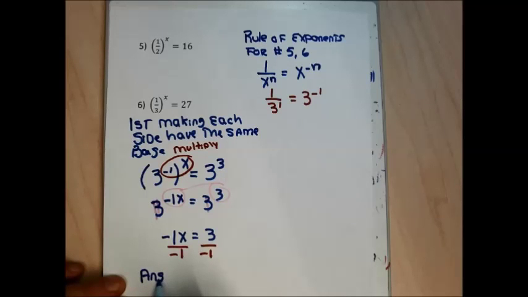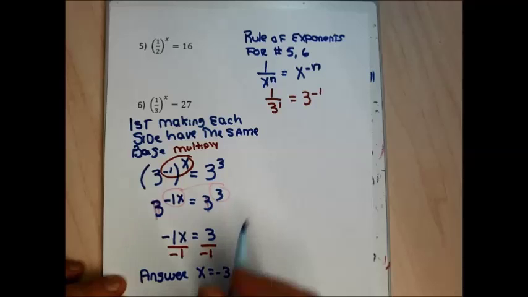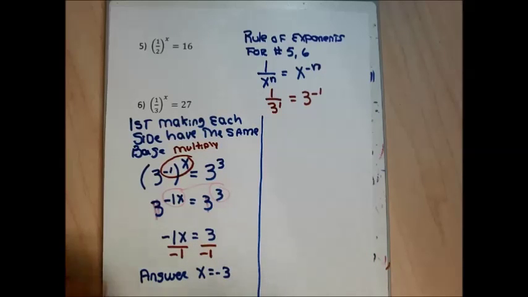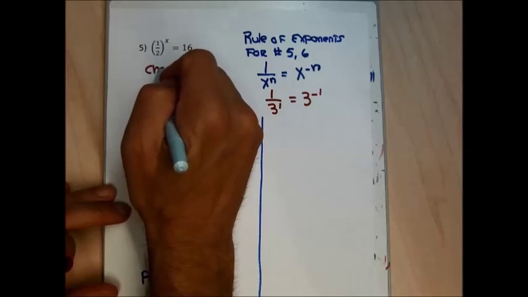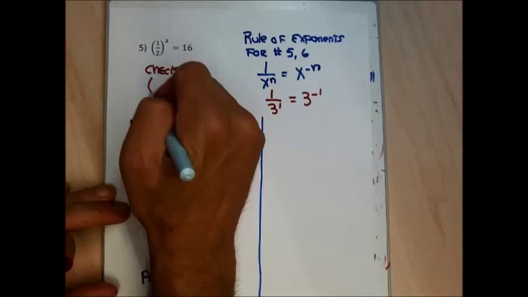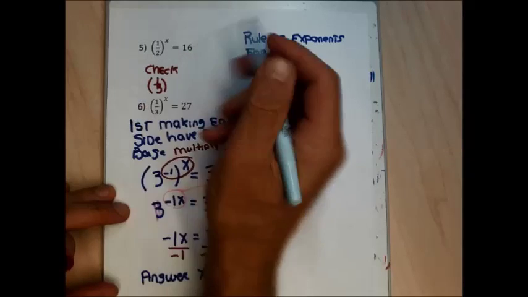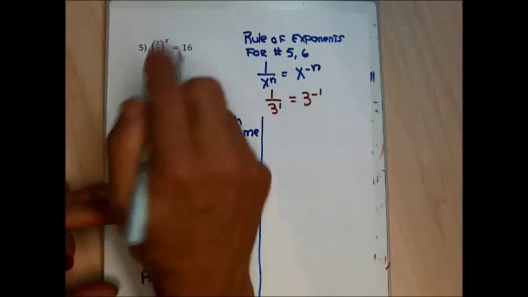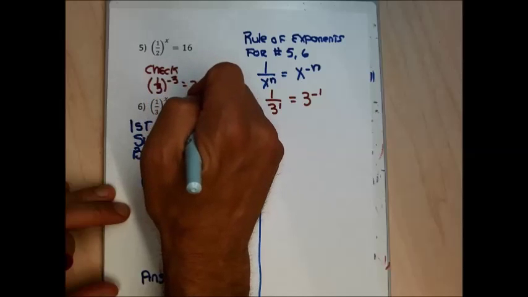I should check it because I can. In a second, I'll solve it using logarithms, just in case you want to use logarithms. To check it, I should go 1/3 to the negative 3 power, putting negative 3 in for that x, and it should equal 27.